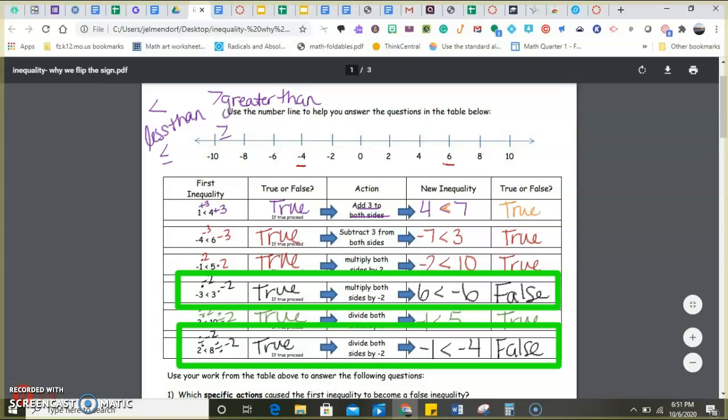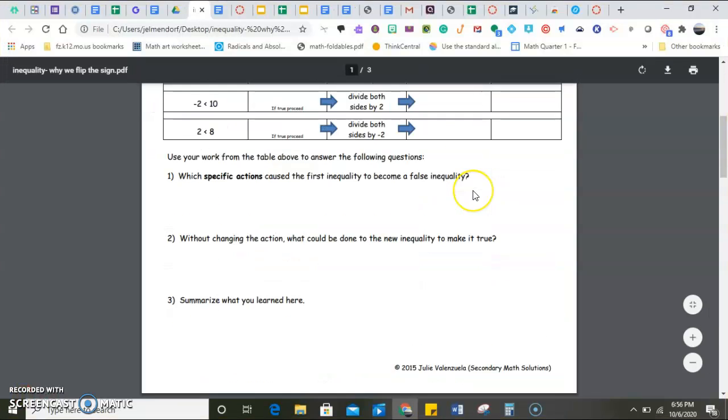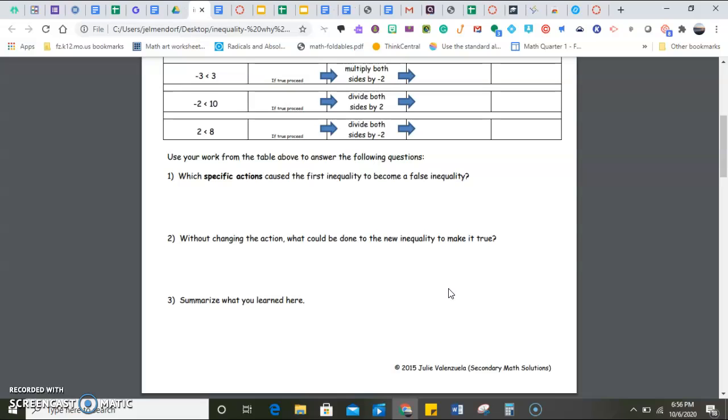So in order to get this to work, I'm just going to come down here. Without changing any action, our very first problem, we had -3 is less than 3, and we multiplied by -2 on both sides, and we ended up with 6 is less than -6.